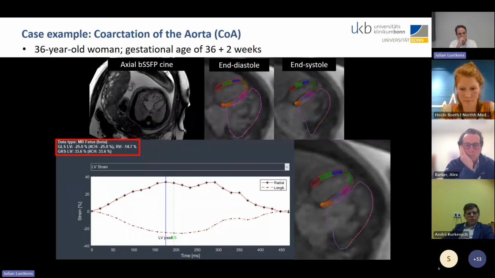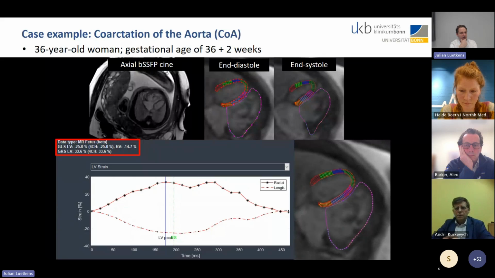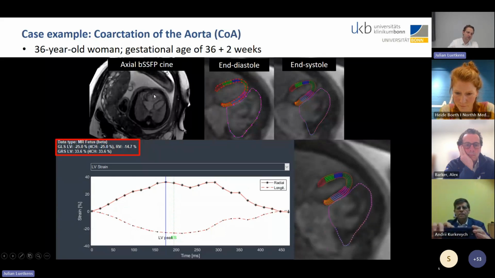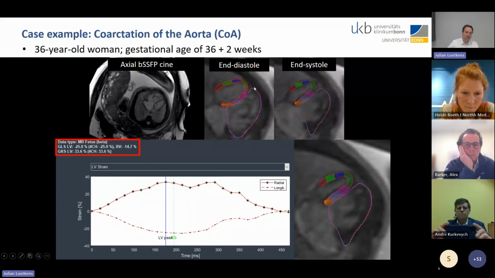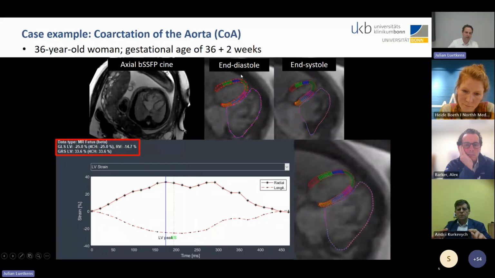And this is a clinical example of a fetus with a coarctation of the aorta. You can see here in this cine image that the right ventricle is enlarged in this fetus. And you can see here the tracked contours of the left ventricle and the right ventricle in diastole and systole.